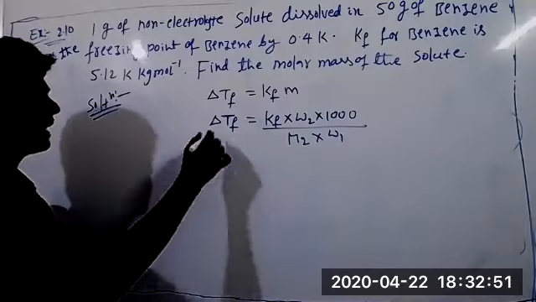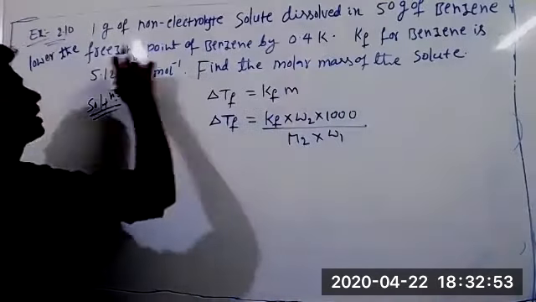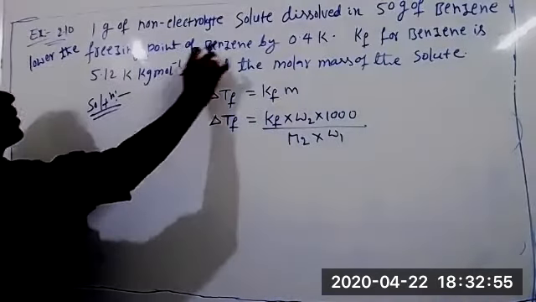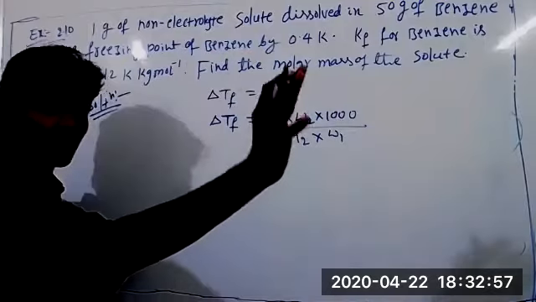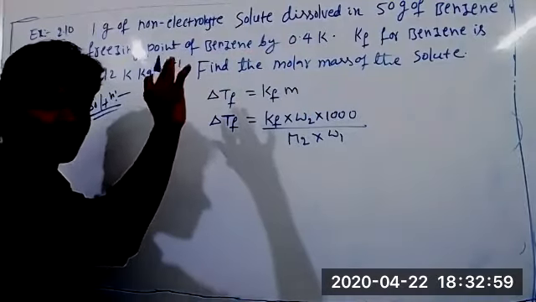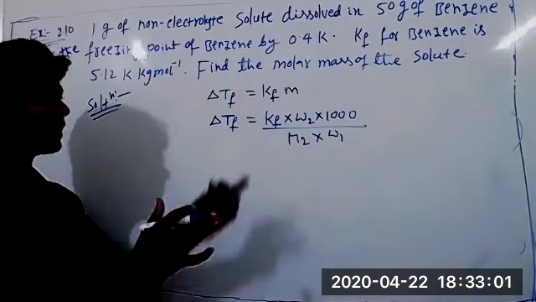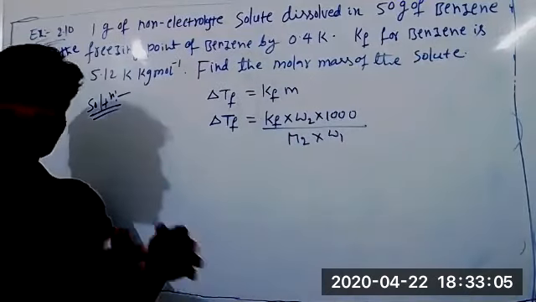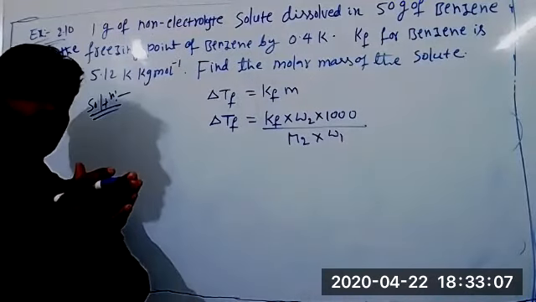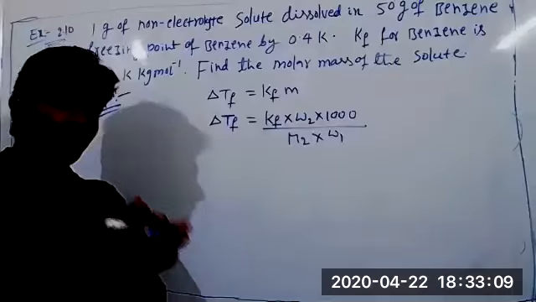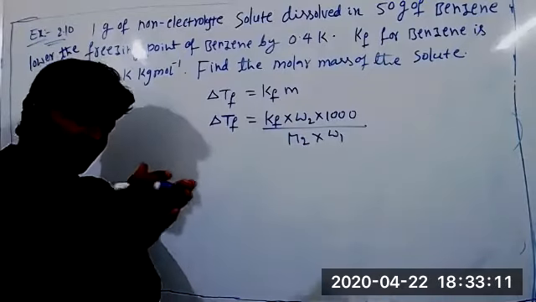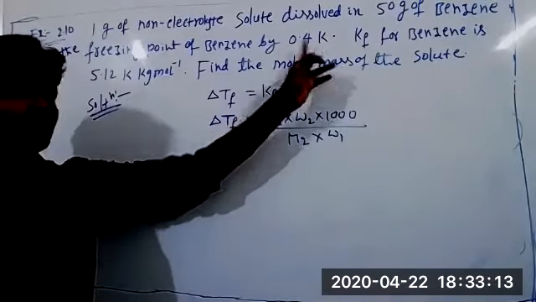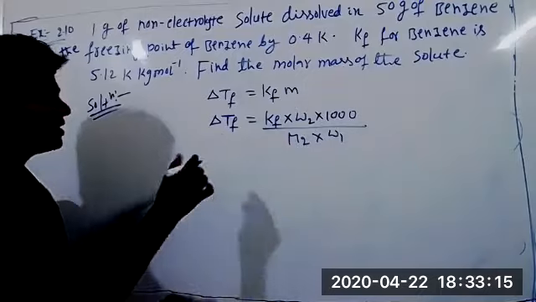Very good. It is directly given: the freezing point of benzene is lowered. We don't know the freezing point of benzene or of the solution, but after preparing the solution, its freezing point is decreased by 0.4. Means delta Tf value is 0.4.